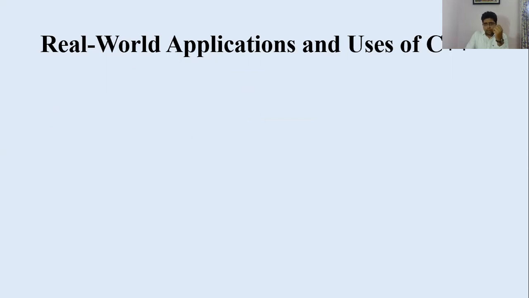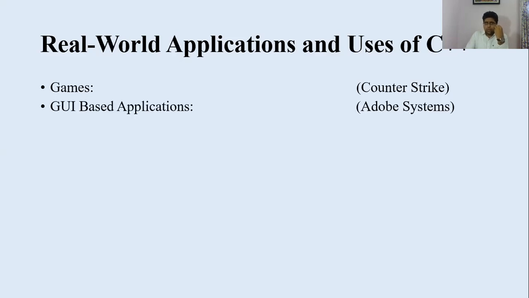So in this slide, I'm going to discuss what possibilities there are that already use C++ in their software. Games: C++ is the major language. The very famous game Counter-Strike is written using C++. GUI based applications: Adobe systems are written in C++.